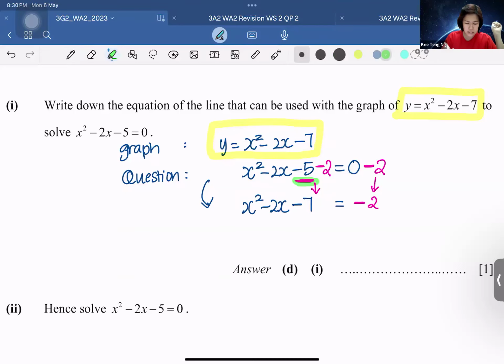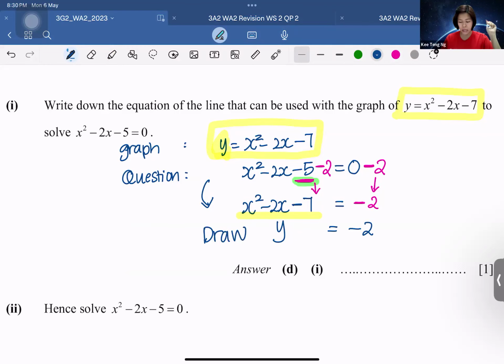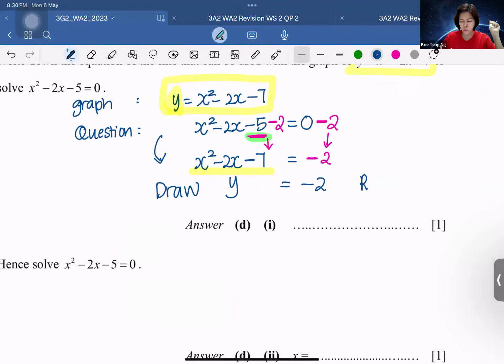Notice that y equals to this whole thing. So this whole thing is replaced by the letter y equals to the number -2. So you draw the line y equals to -2 and you read the graph. Usually you have 2 answers depending on how the graph is drawn.